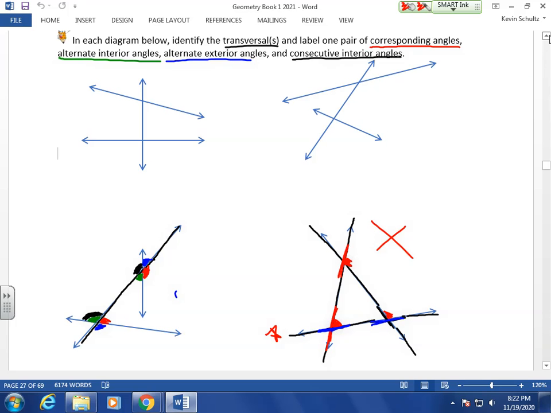Is that the same spot I had it? Maybe I was right. I don't remember. No, I think it was, yeah. So this would be the correct spot, looking at going this way with the transversal, okay? And looking at this way with the transversal here, that would be corresponding angles.